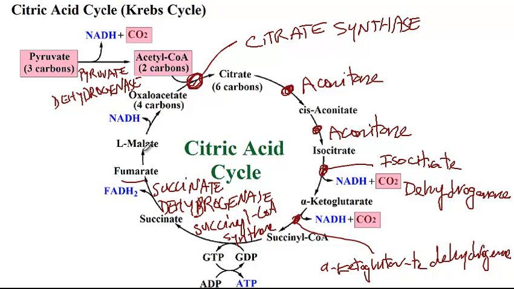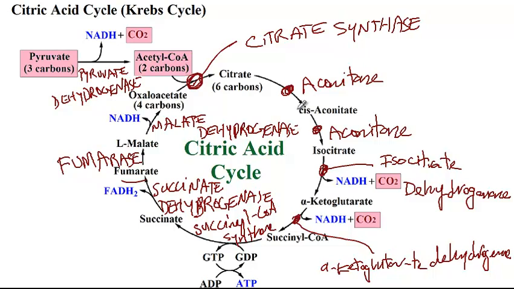Fumarate into L-malate is being done by fumarase. And then malate into oxaloacetate is being done by malate dehydrogenase. All right, and so these were all the reactions that were involved.